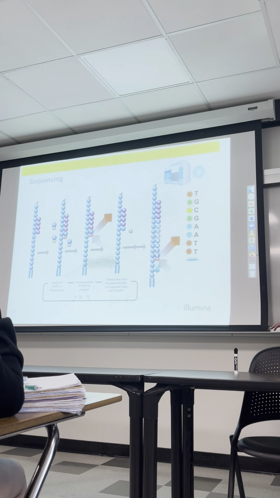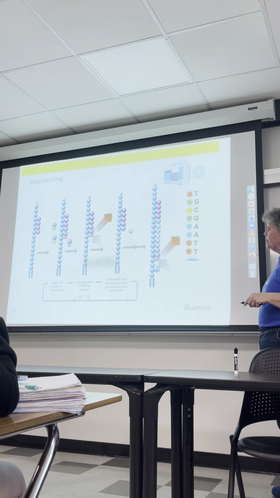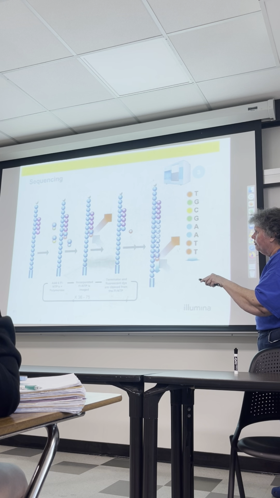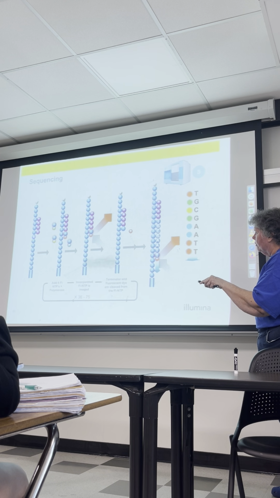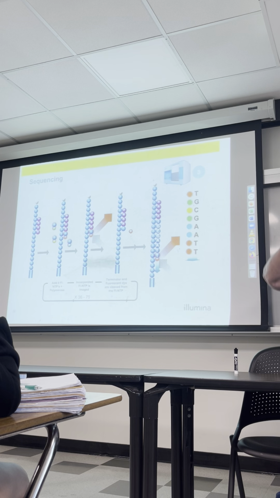So what happens in this pseudo Sanger dideoxy sequencing is that you have the sequencing primer binding, and if this is an A right here, you need to add a T to it. So the polymerase adds a T right here. Now, remember I showed you that it has an extra fluorophore on the end.